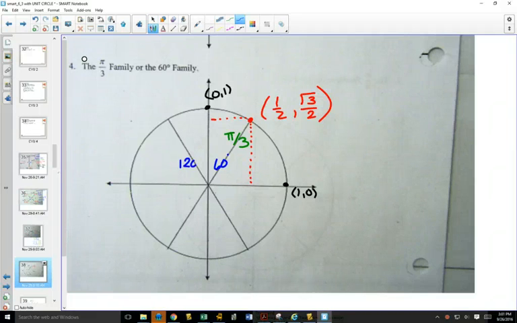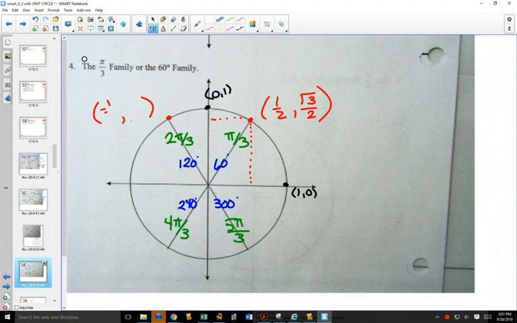See how you did. 120 degrees, 240 degrees, 300 degrees, pi over 3, 2 pi over 3, 4 pi over 3, 5 pi over 3. And since we have our first coordinate already, we can do the other coordinates.